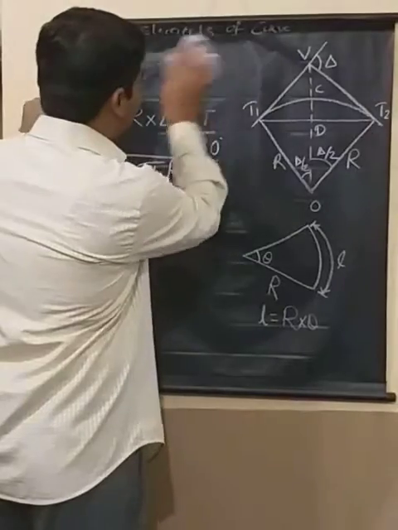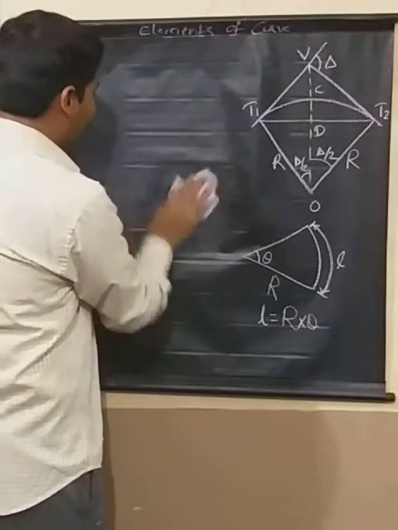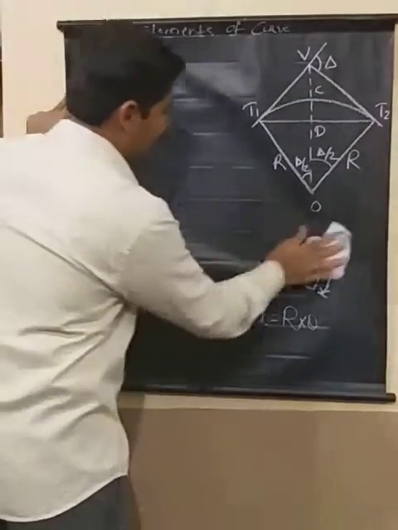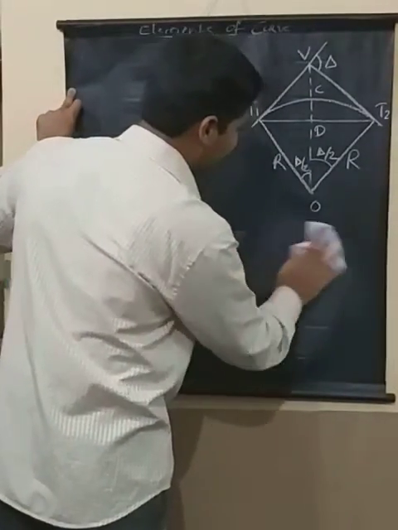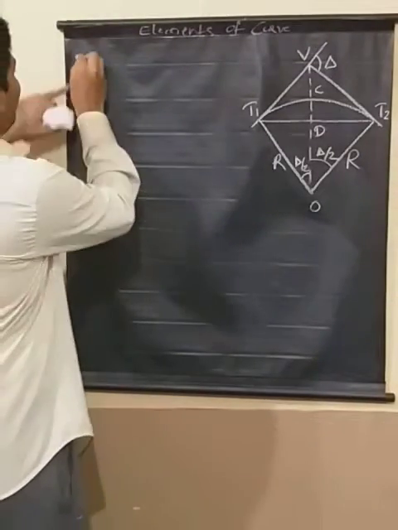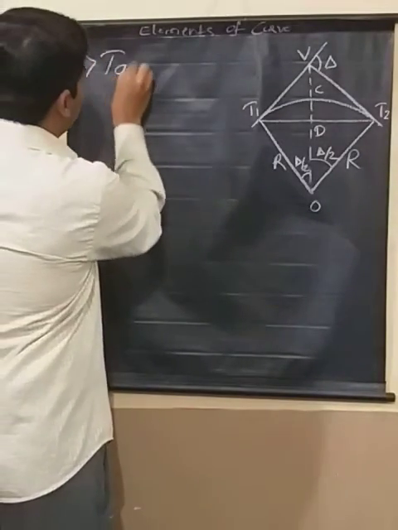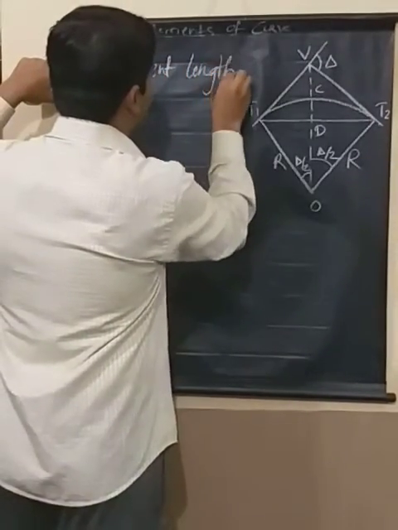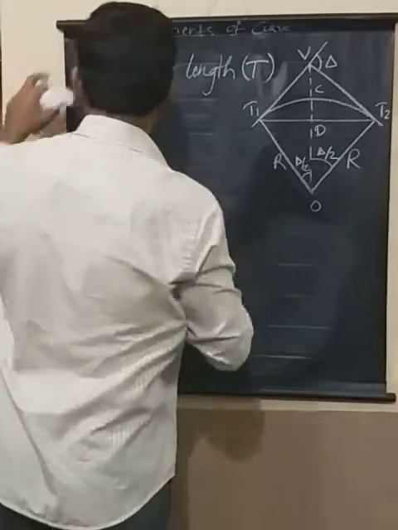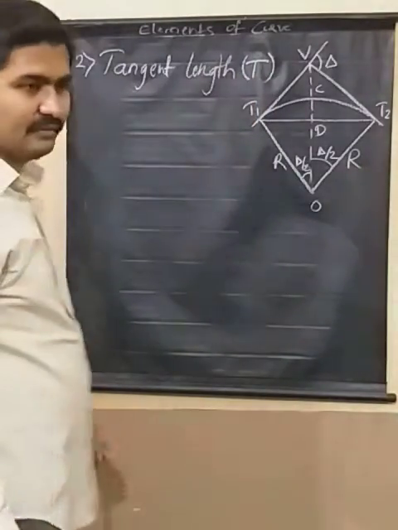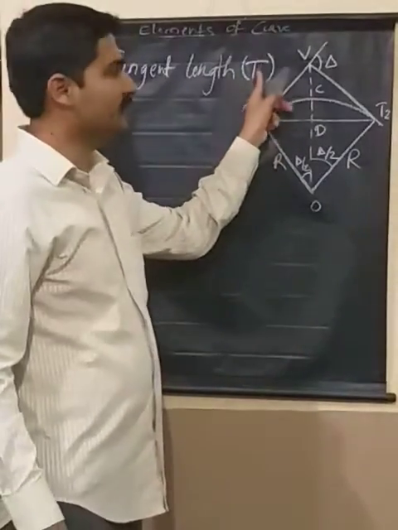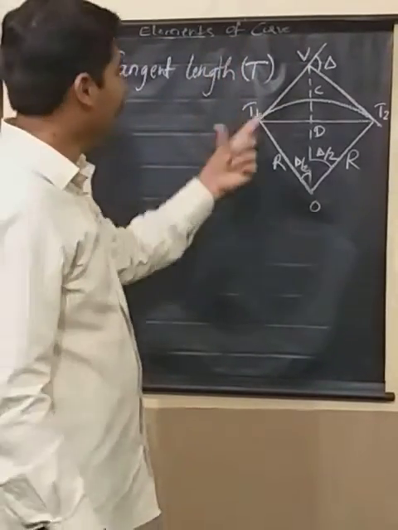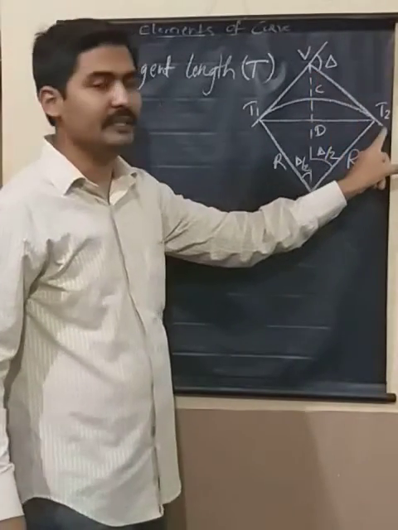So if I have to take the second one, next is tangent length. Tangent length is denoted by capital letter T. So capital T is tangent length. Here it is VT1, right? And you have another tangent which is VT2.